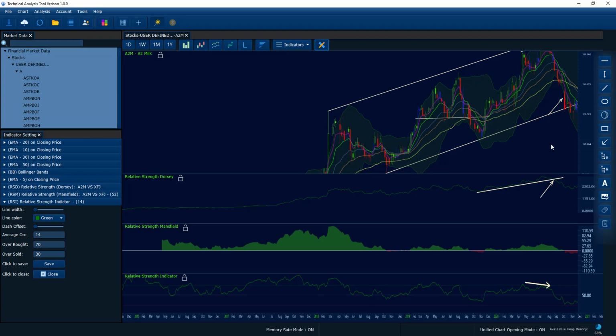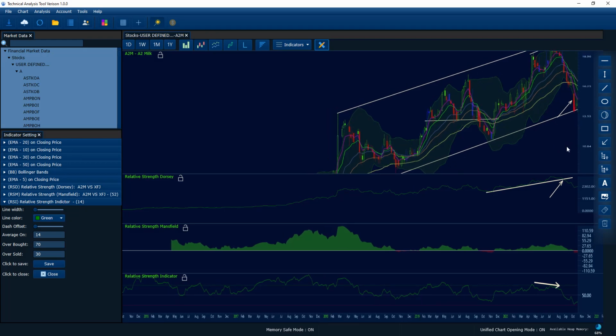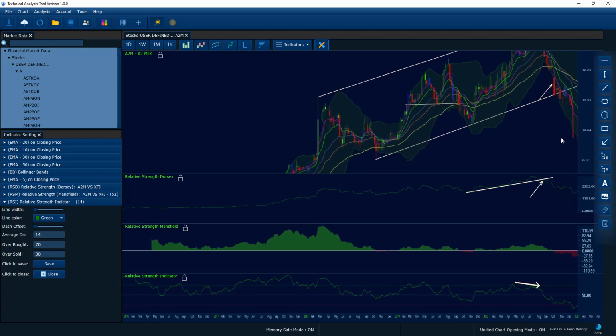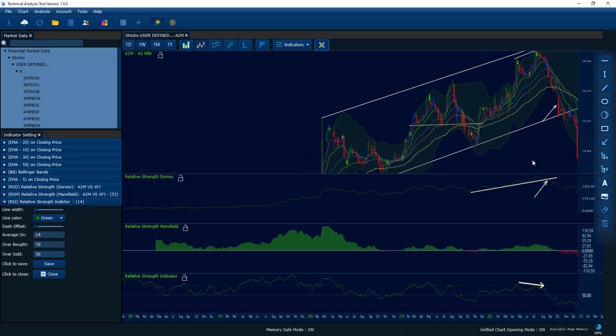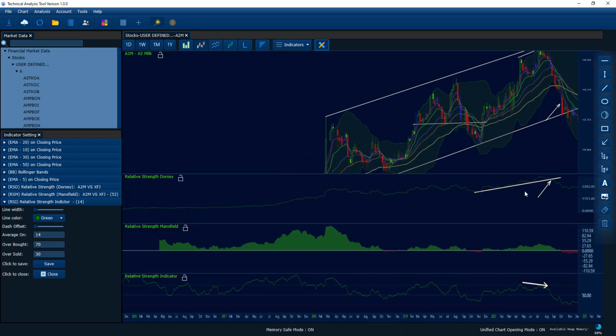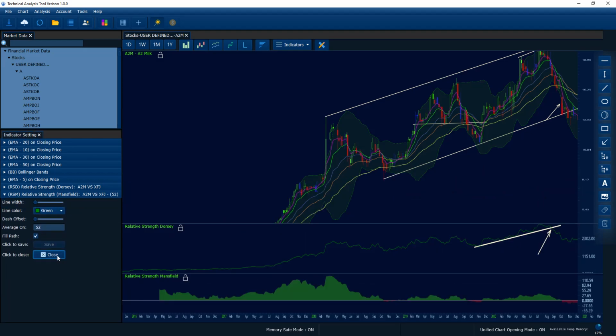So be careful. Relative strength indicators can give you some pre-warning. Also, you can use other indicators as well, and combine all this information together to improve your technical analysis process.